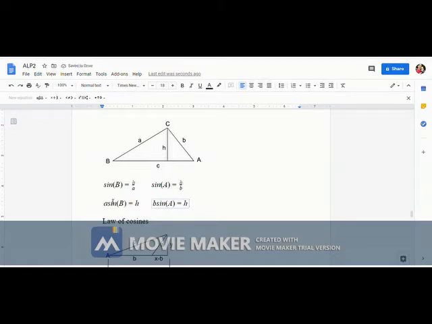And since this equals h and this equals h, we can set those equal to each other. So a sine b equals b sine a. Okay, and now if we multiply both sides by 1 over ab, that's simply going to move b over to this denominator and a over to this denominator.